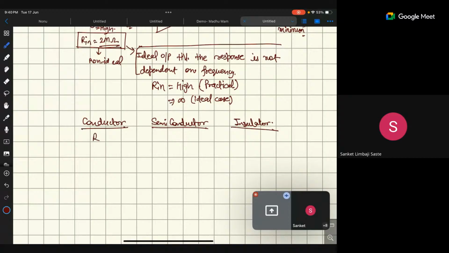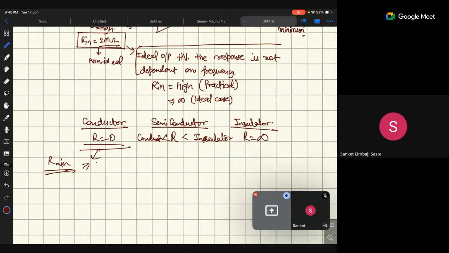In a conductor, we can say the resistance is zero. In an insulator the resistance is infinite, and in a semiconductor the resistance lies between the two, less than the insulator and greater than the conductor. But R equal to 0 is not possible. We can minimize the R value.